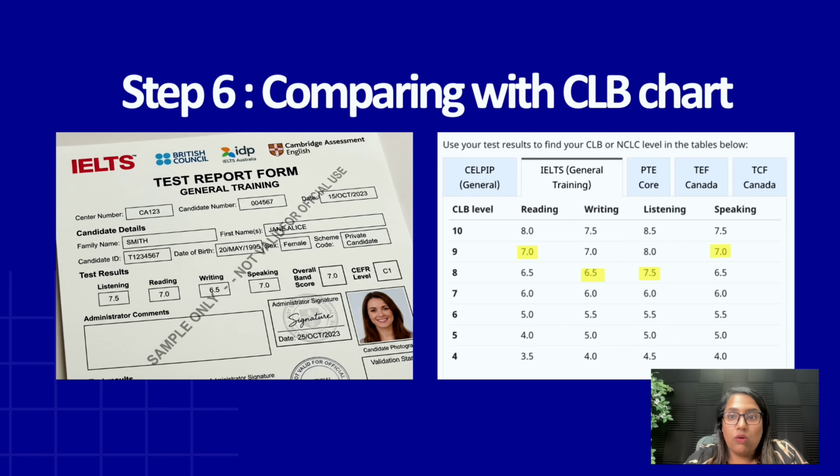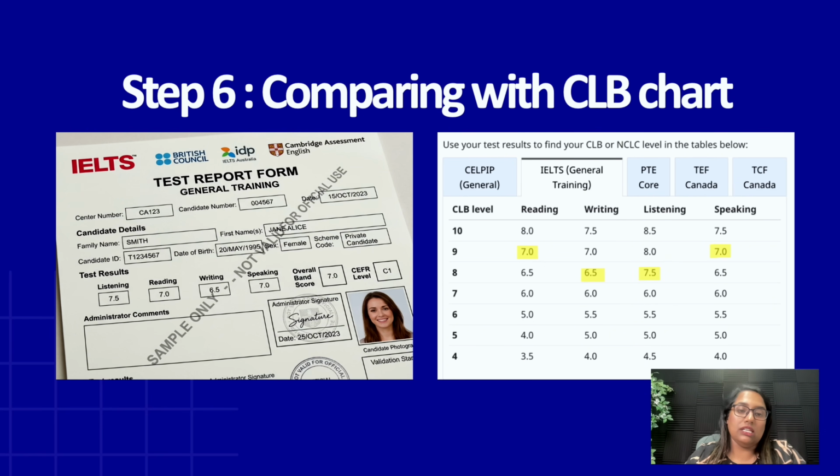Someone who has reading 7 would have a CLB 9, someone who has writing 6.5 will get a CLB 8, someone who has a listening score in IELTS General of 7.5 has a CLB 8, and someone who has speaking 7 would get a CLB 9.